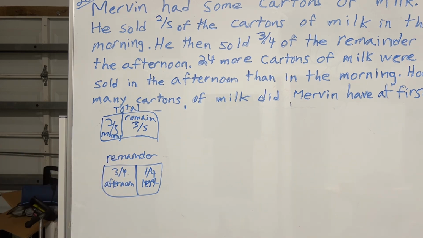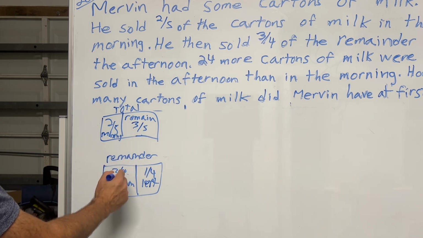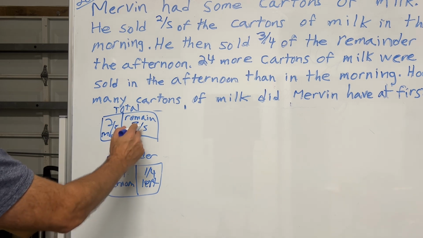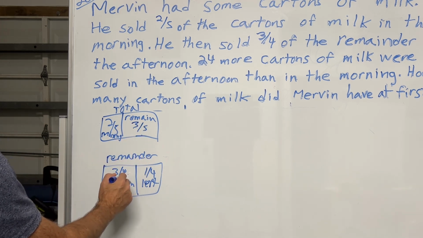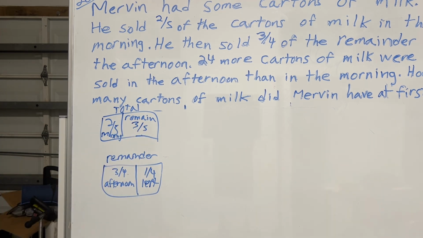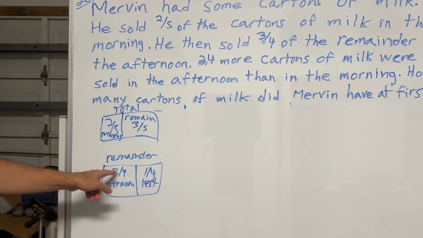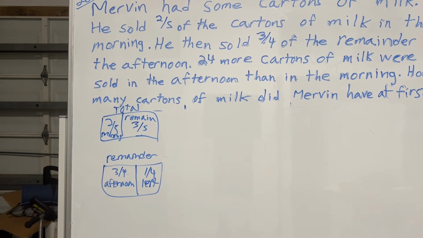But if you want to know how many he sold in the afternoon in terms of the total, he's selling 3/4 of 3/5, because the remainder is 3/5 of the total. In the afternoon, he sells 3/4 of the remainder.